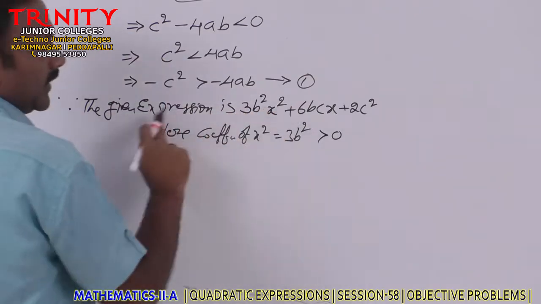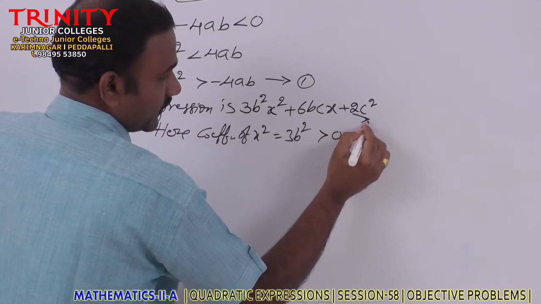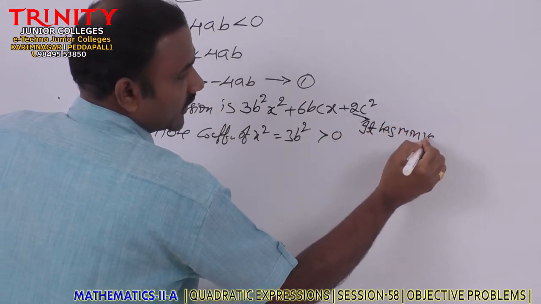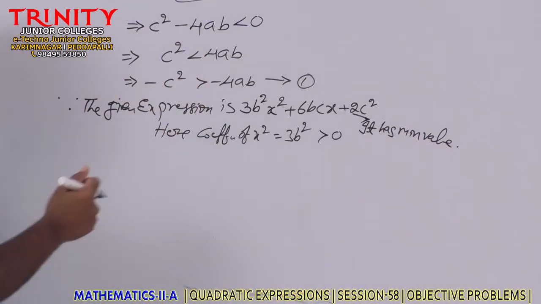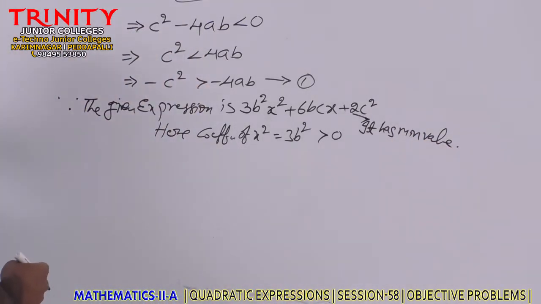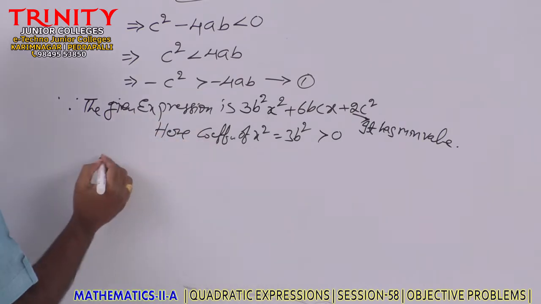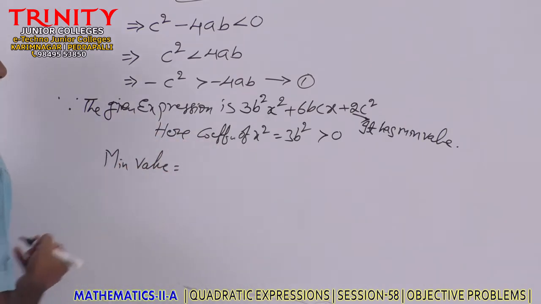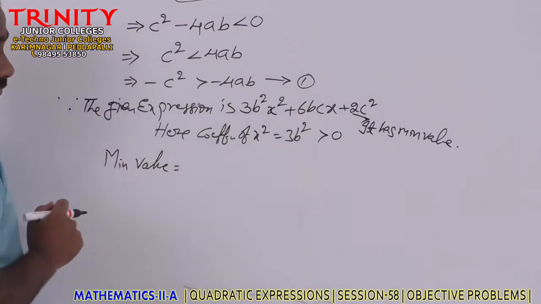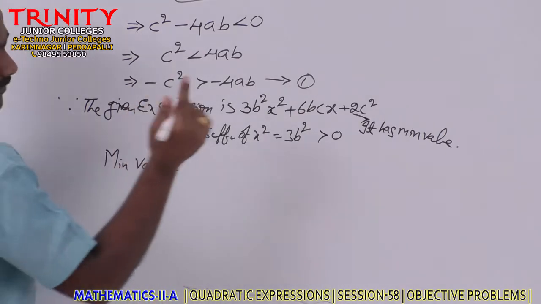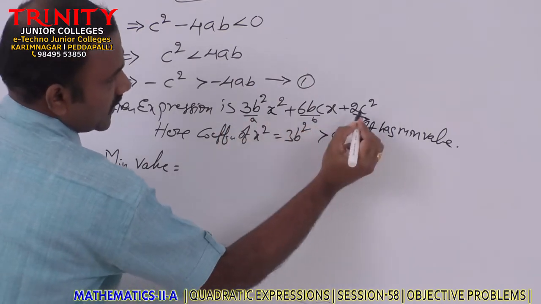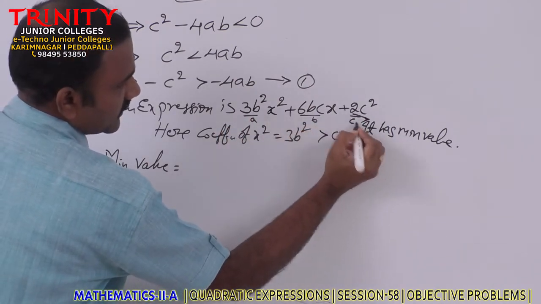Therefore, the expression has minimum value. Then what is the value of the minimum? It is 4ac minus b square by 4a. Here this is a, this is b, and this is c.